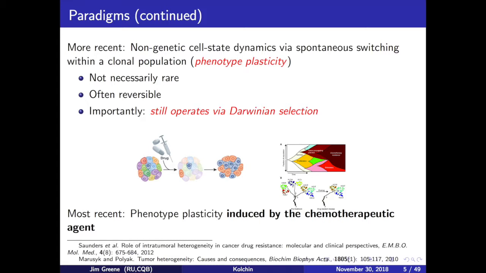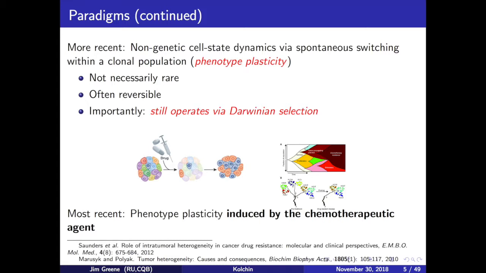These are definitely not rare. They happen at a very, very quick time scale, and they're often reversible, so they can switch back and forth. Usually with genetic mutations, you don't have a second mutation to bring you back to being sensitive, but these can definitely go on and off. So it's a slightly different perspective, but still selection via Darwinian evolution. That's all it is.